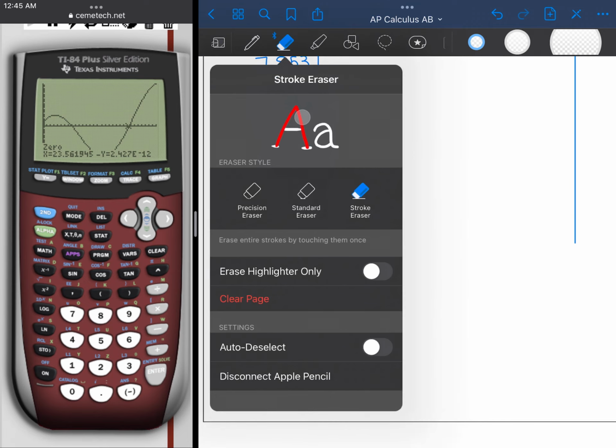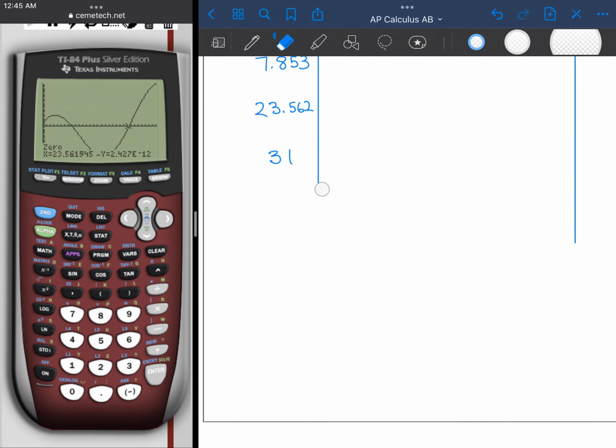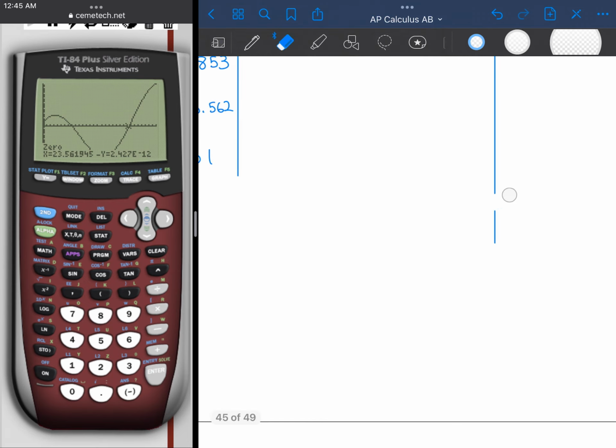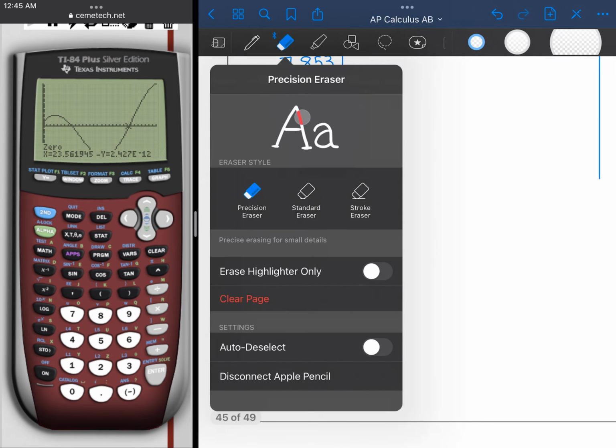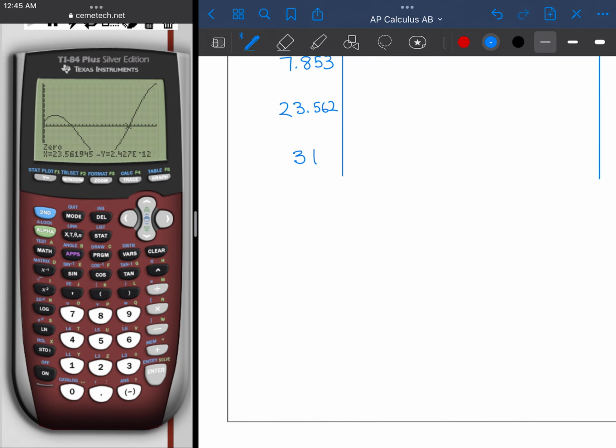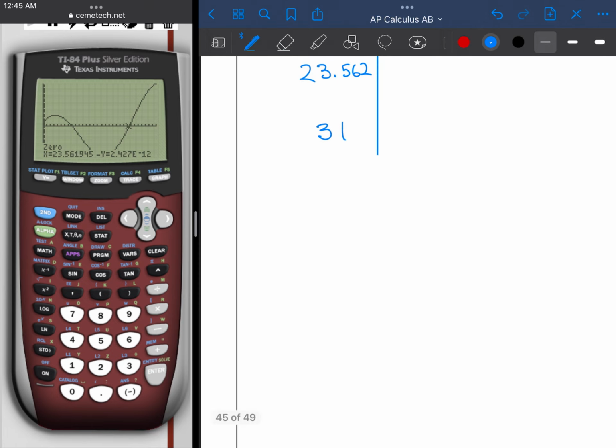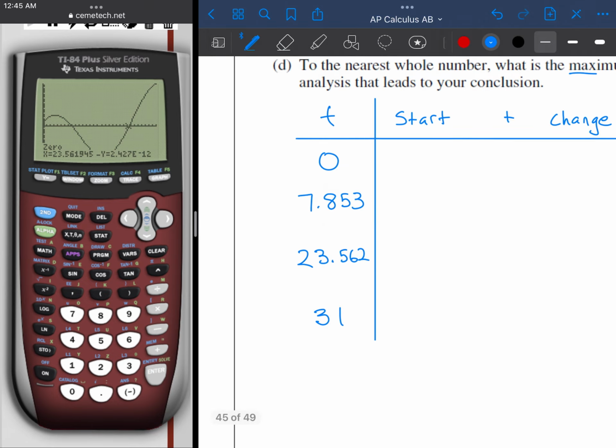And by the way, I want to fix up these lines with my precision eraser. Get that all the way squared away. That looks better. I'll change this back to stroke so I remember. The definition we're talking about is an R, right?